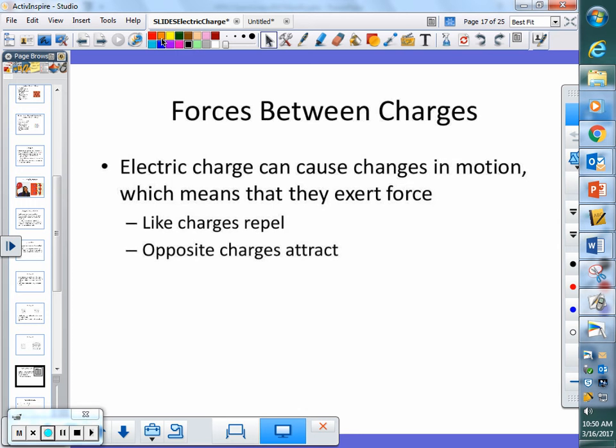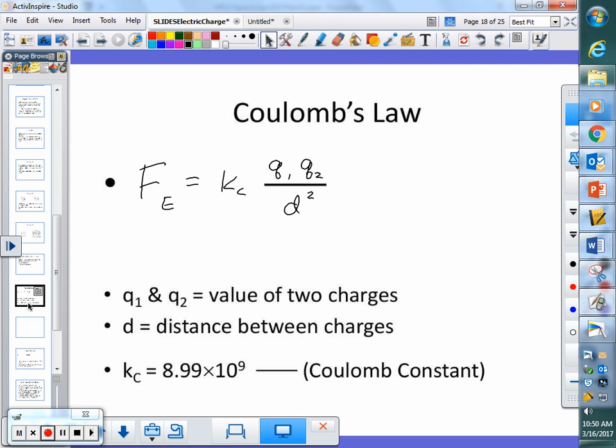So, if electric charges can cause other things with electric charge to move, they have to apply a force. And we call that force, or we summarize that force, with something called Coulomb's law. I introduced the term Coulomb to you earlier. It's how we measure the amount of charge something has. But Coulomb was a guy, and this law was named after him.